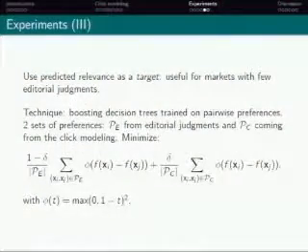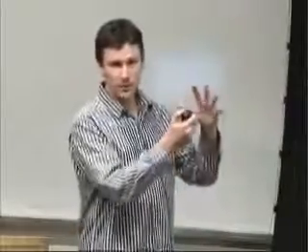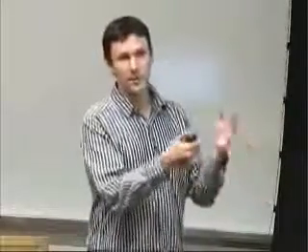Instead of using it as a feature now, I can use it as a target. When I say as a target, it just means that I'm going to augment my training data and build preference pairs. I'm going to have one set of preference pairs coming from editorial labels, and one set coming from the clicks.